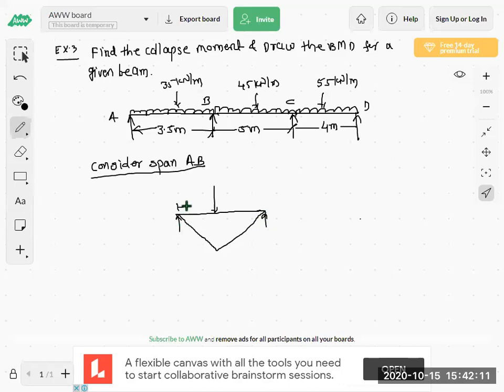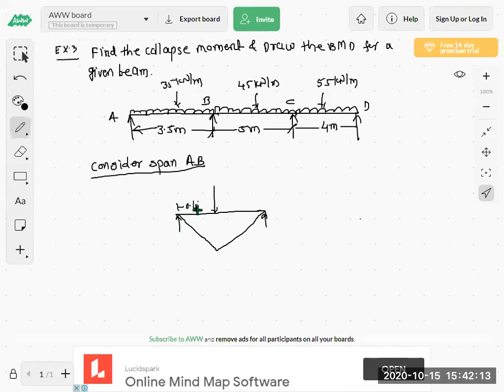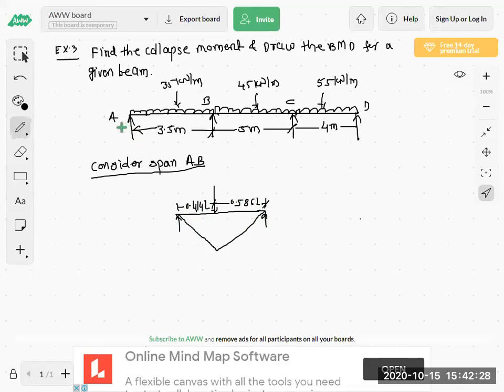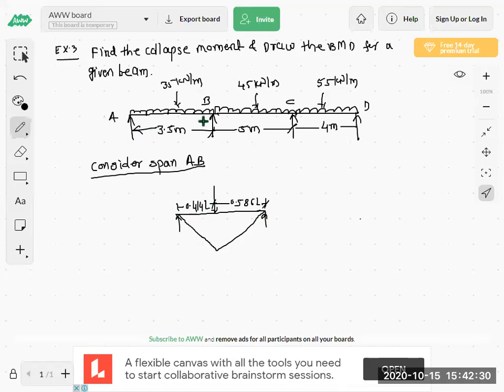From the end support, it will be 0.414 L, and from the internal support, it will be 0.586 L. Is this correct? See whatever I have written. From the end support it is 0.414 L, from the middle support 0.586 L. Are you getting what I have written?